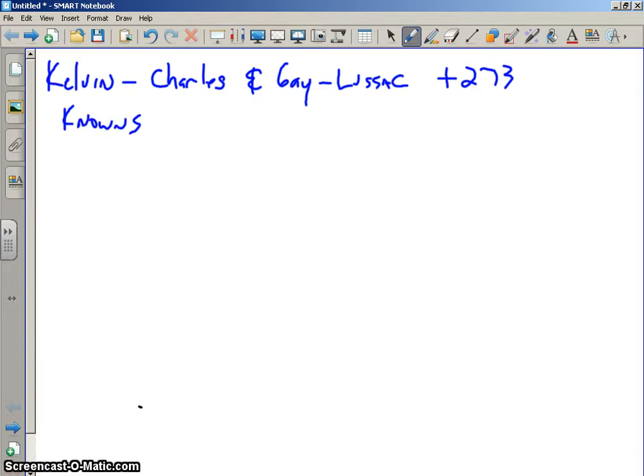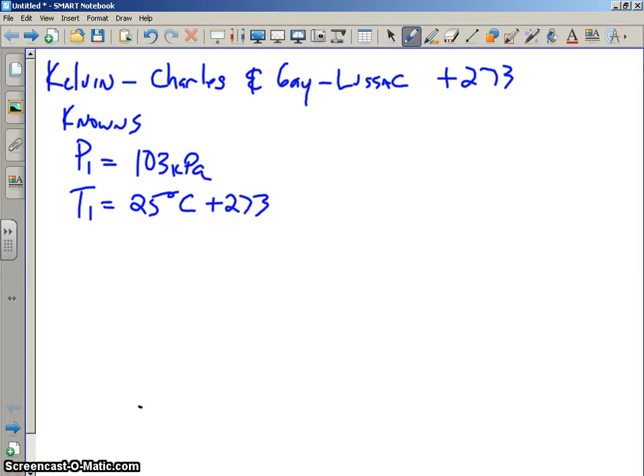We know that from our reading that pressure number 1, the starting pressure, was 103 kPa. We know that our starting temperature was 25 degrees Celsius. We know we have to make that into Kelvin, so that makes that 298.